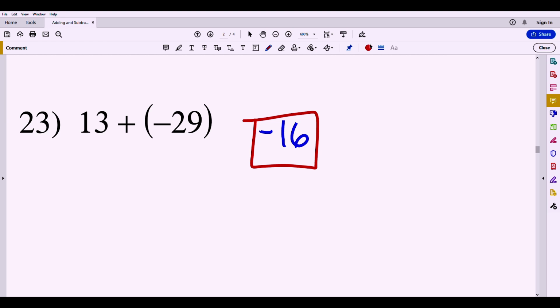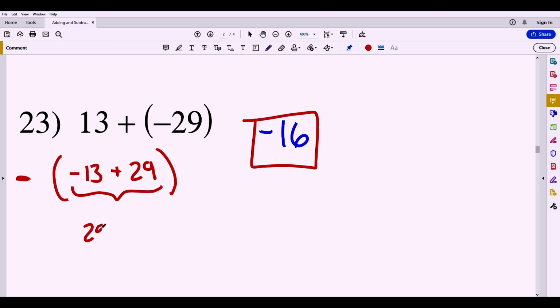Or again, you could think about this as doing the opposite. So as opposed to taking 13 and adding a negative 29, I'll take a negative 13 and add a positive 29. But remember, I did the opposite, so I can't forget that I'm going to flip the sign of what's inside. So negative 13 plus 29 is the same as 29 minus 13.